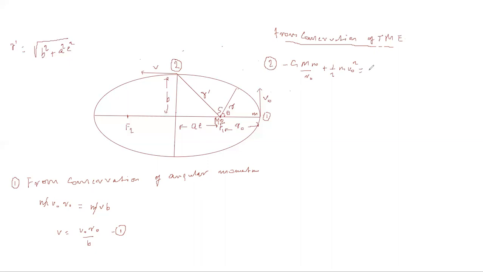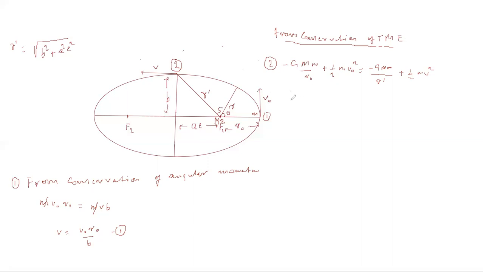Finally, the potential energy at point number 2 is minus G M m upon r dash, plus the kinetic energy is half m v square.